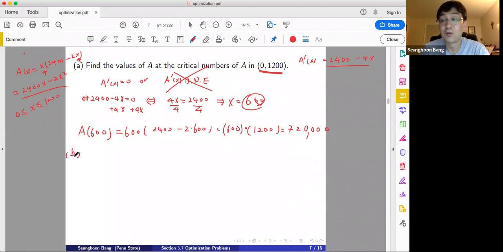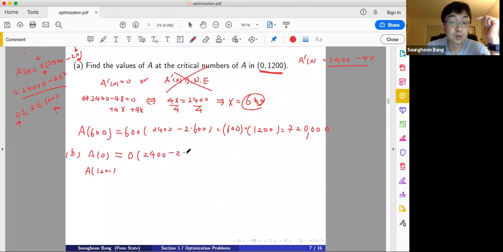B, you have to find the function values at the endpoints. You can calculate A of 0 and A of 1200. Plugging 0 into factor form is better: 0 times 2400 minus 2 times 0, and 0 times 2400 is 0.